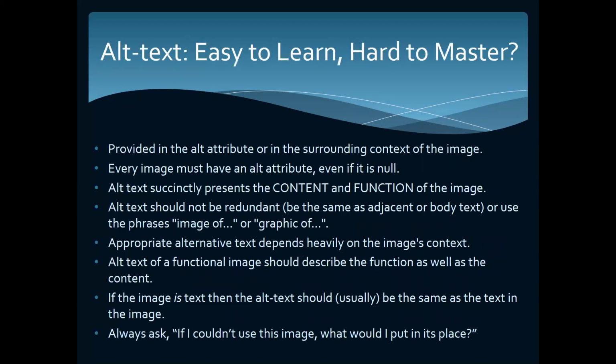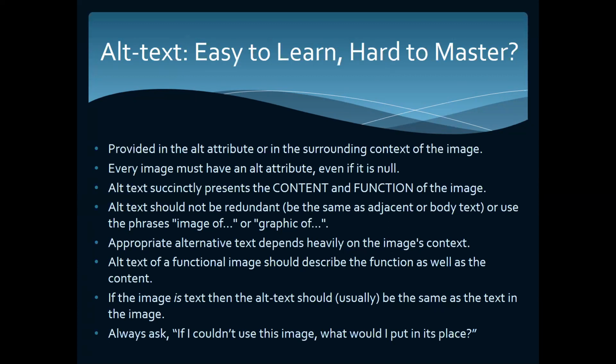So to recap, alt text: easy to learn, may or may not be hard to master. Adding alternative text to images, getting that alt attribute on the image element, is one of the easiest accessibility principles to learn, but can be one of the more difficult ones to master. Alternative text may be provided in the alt attribute or in the surrounding context of the image.